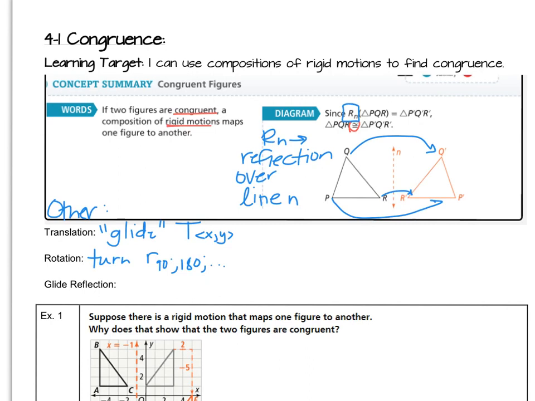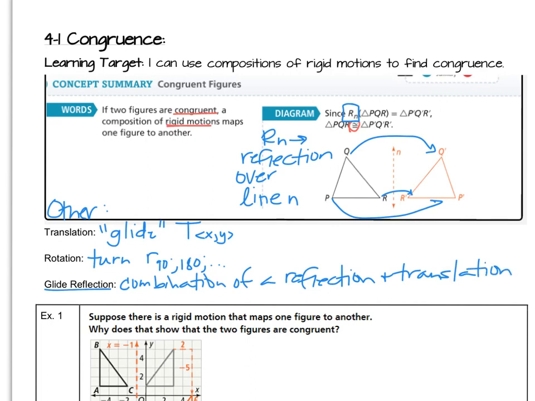And we always went counterclockwise. A glide reflection was a combination of a reflection and a translation, so it could glide across your paper and then flip to go in an opposite direction. So all of these are rigid motions.